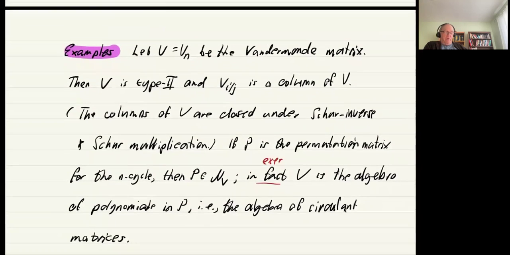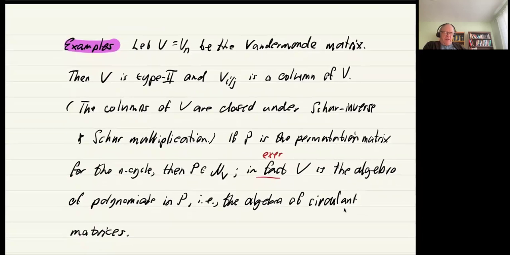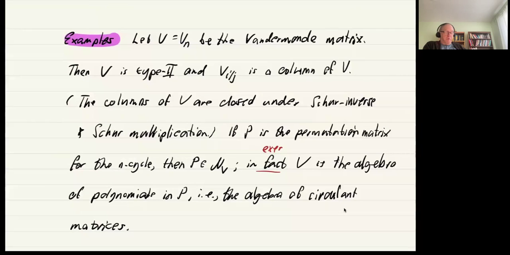Well, that's all very well and good, but it'd be nice to have some examples. And this is a bigger problem than might appear at first, but we'll soldier on. So the simplest case to deal with perhaps is to take the Vandermonde matrix again. Now it's type 2, and the important property of the Vandermonde matrix is that the Schur product of any two columns is a column of the Vandermonde matrix.